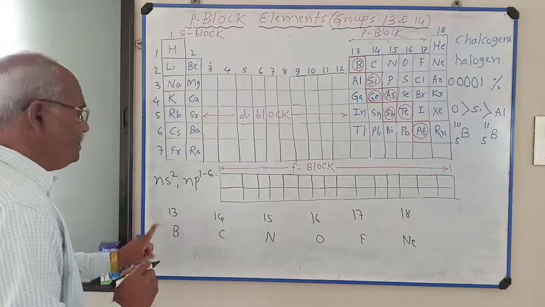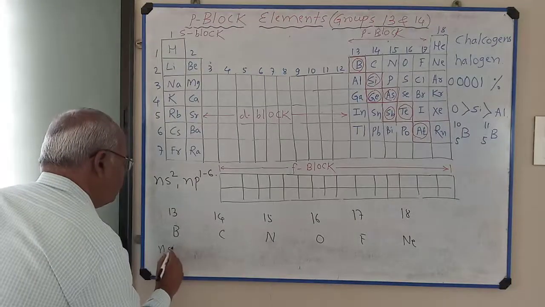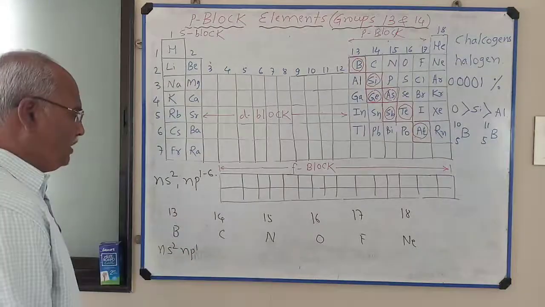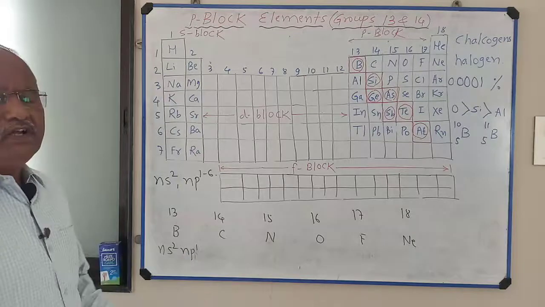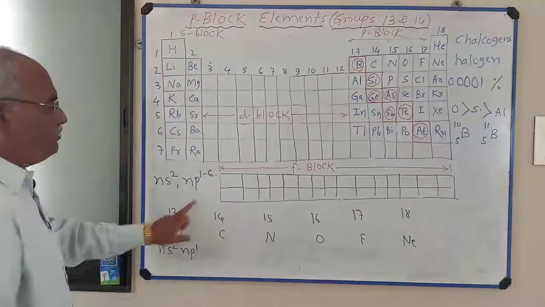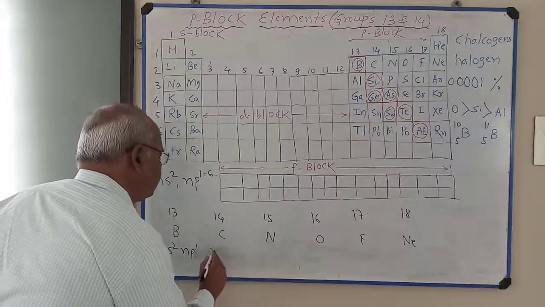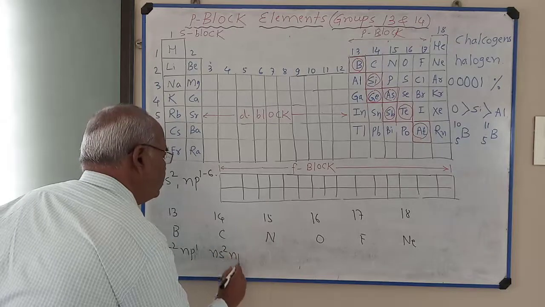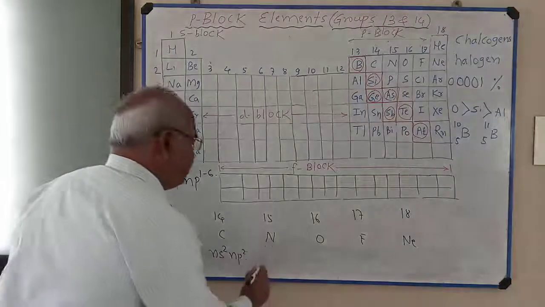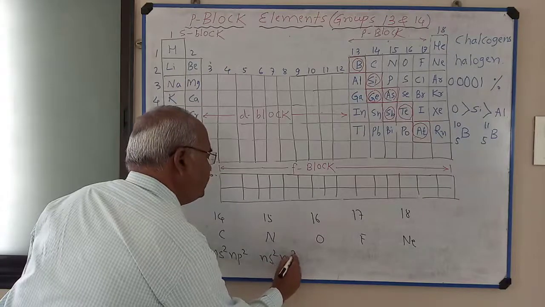The general electronic configuration of boron family is ns2 np1. And remember, this p orbital is successively filled. The general outer electronic configuration of carbon family is ns2 np2. Nitrogen family has general electronic configuration ns2 np3.